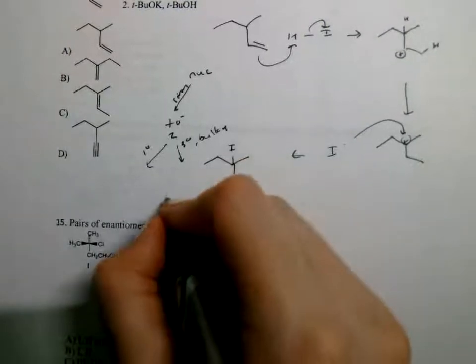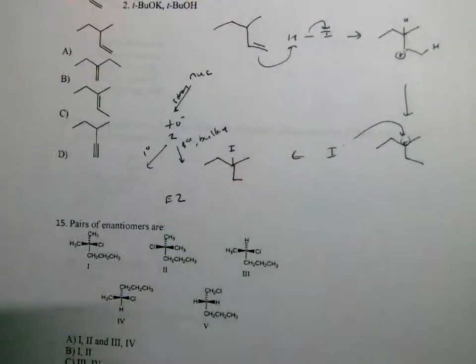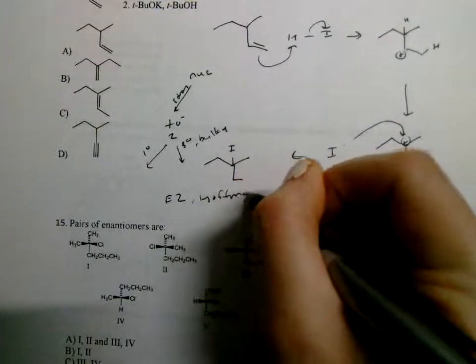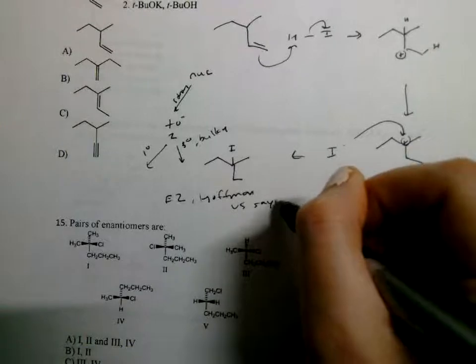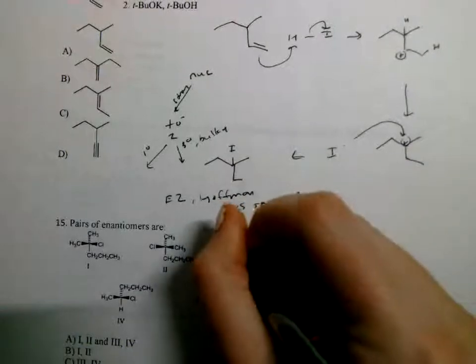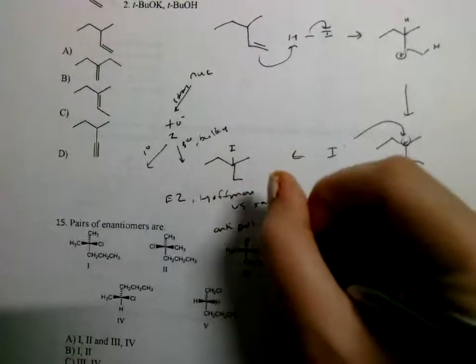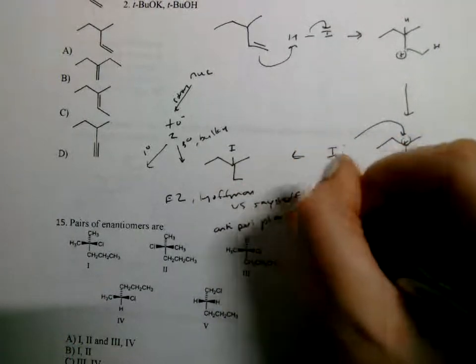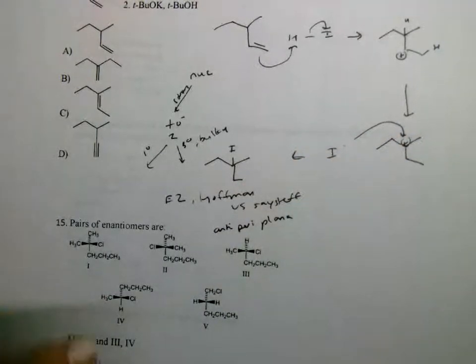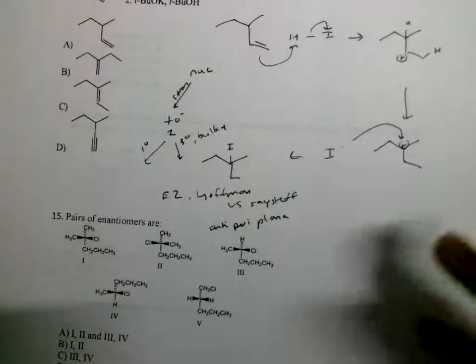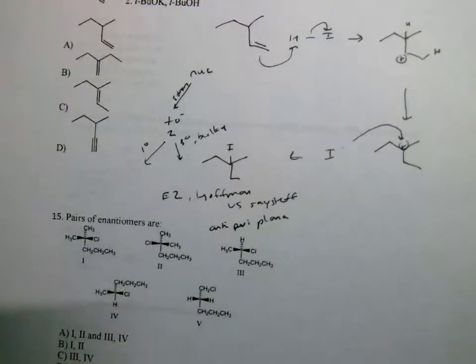When you have an E2 reaction, you need to make sure that you have Hofmann versus Zaitsev. And if you have the ability to check for anti-periplanar, you can do that as well, but because we don't have the stereochemistry and it'll be a mixture, just make sure that you're paying attention to Hofmann versus Zaitsev. So in this case, Hofmann is going to be a big bulky nucleophile. Zaitsev is the smaller, and it's going to give you the more stable substituted product.